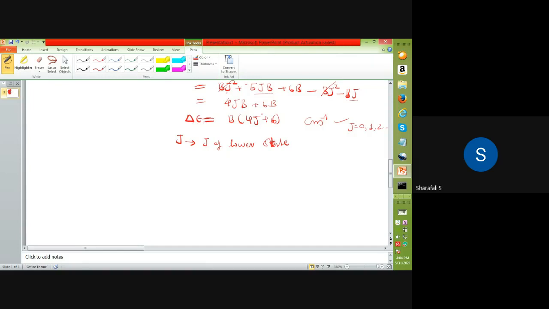If you want to select what J value, then you have to choose the lower state level J value. So remember that. In Raman, in all transitions you consider, you have to take the lower state value in the calculation. Keep that in mind.